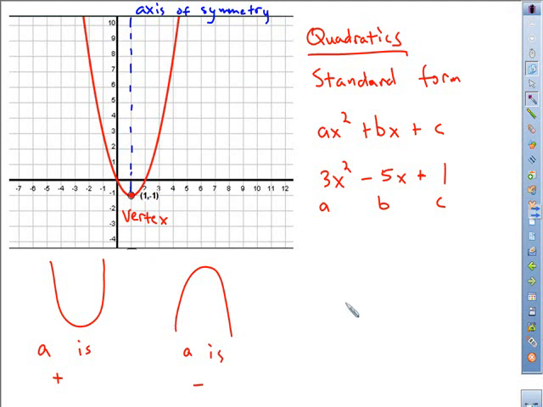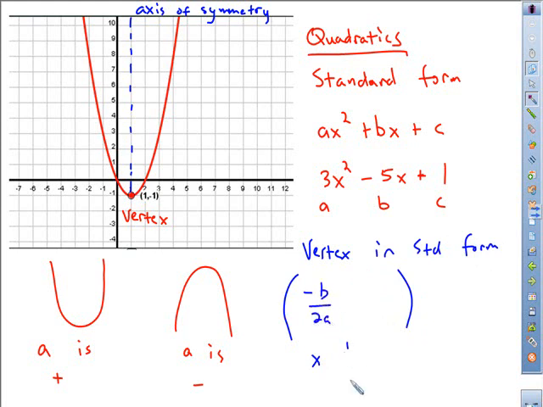Now, to find the vertex of a quadratic, or parabola, in standard form: the vertex is a coordinate. To find the x value of the vertex, you use negative b over 2a.